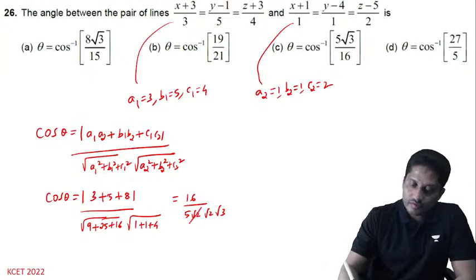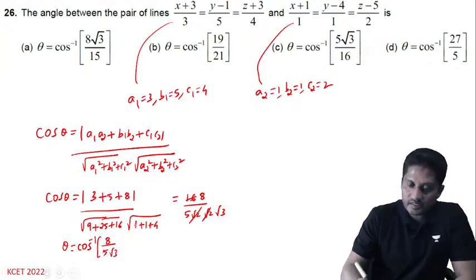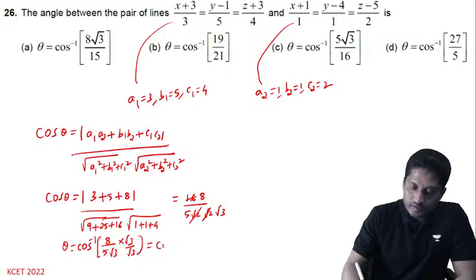Root 2 into root 2 is 2, 2 will cancel with the 8. Theta is equal to cos inverse of 8 divided by 5 root 3. There is no option like this, so I'll multiply and divide by root 3. This becomes cos inverse of 8 root 3 upon 15. Answer is option A.